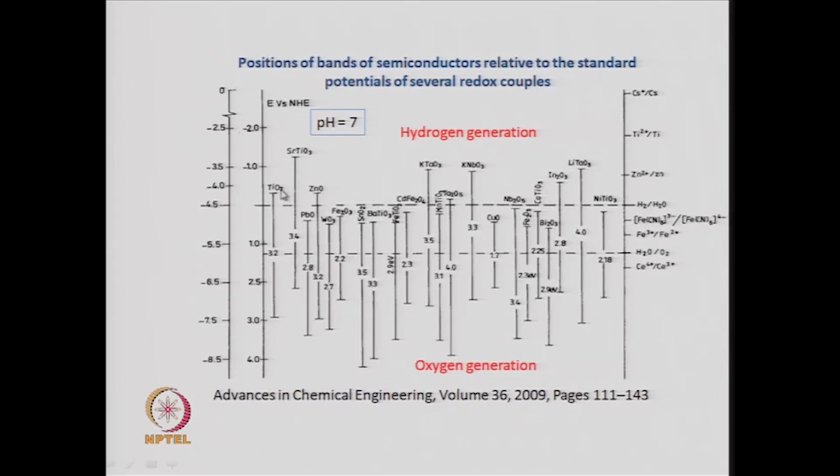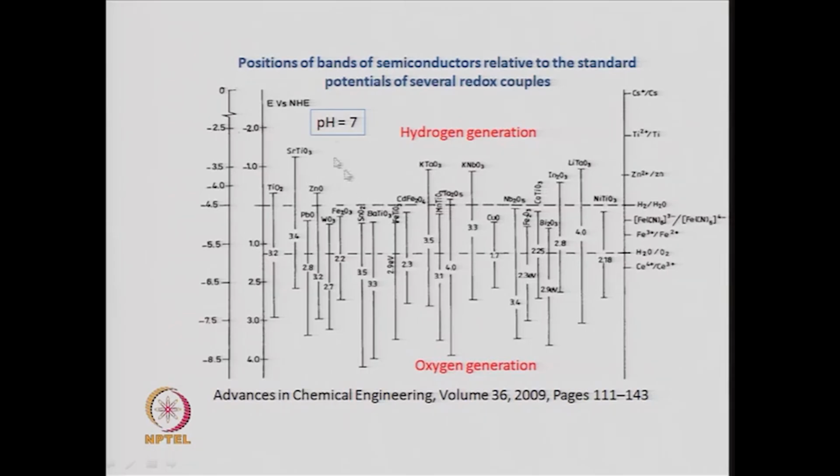If the conduction band is higher, it would help in hydrogen generation. So, this is given in the scale such that the water oxygen energy level is shown here, and all these semiconductors are oxides.